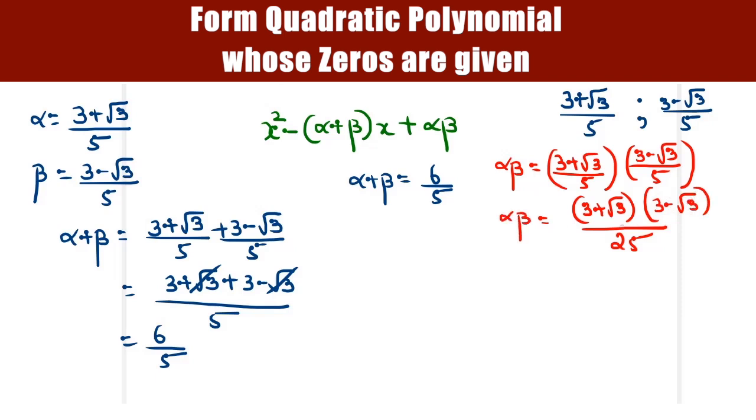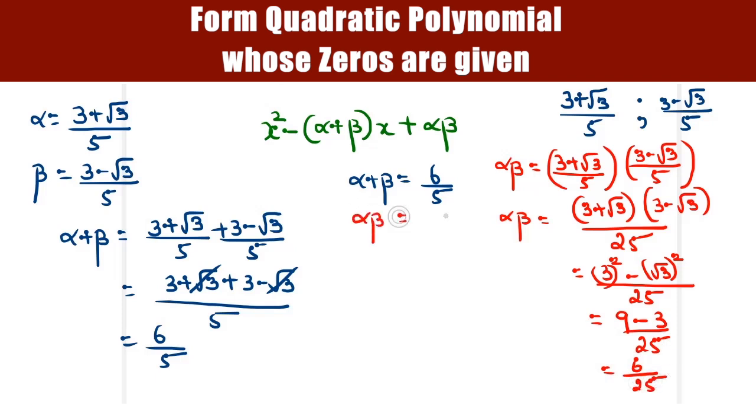Now look at the form. This is (a plus b) into (a minus b), so this is a square minus b square. So 3 square minus root 3 the whole square, divided by 25. So 9 minus 3 divided by 25, which is equal to 6 by 25. So alpha beta value is 6 by 25.